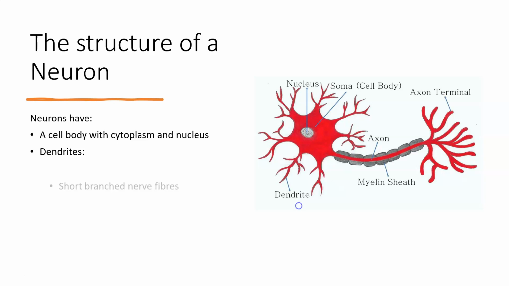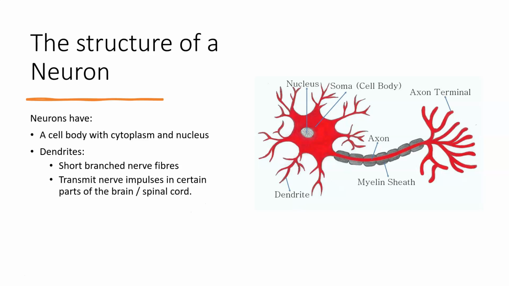They've got what we call dendrites. These are short branched nerve fibers, the little pokey bits out around the cell body. These transmit nerve impulses in certain parts of the brain, spinal cord, from the receptors in your skin.